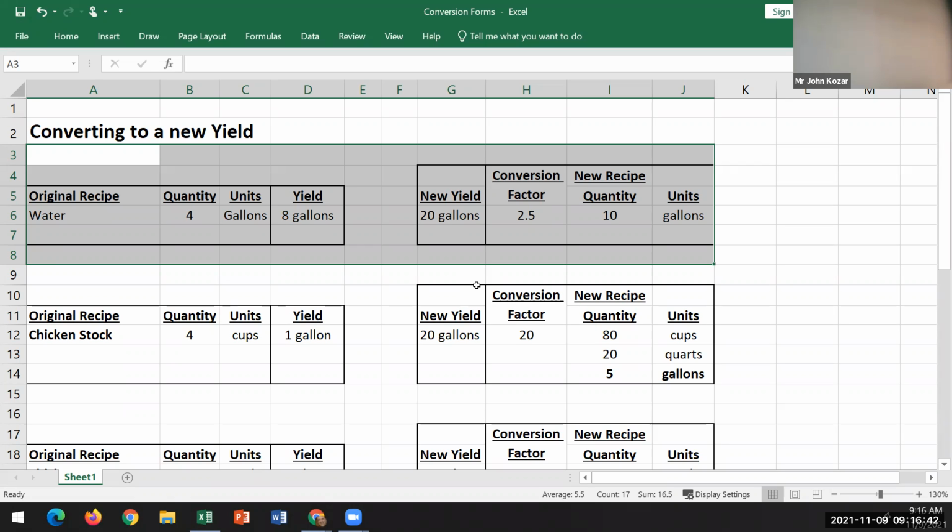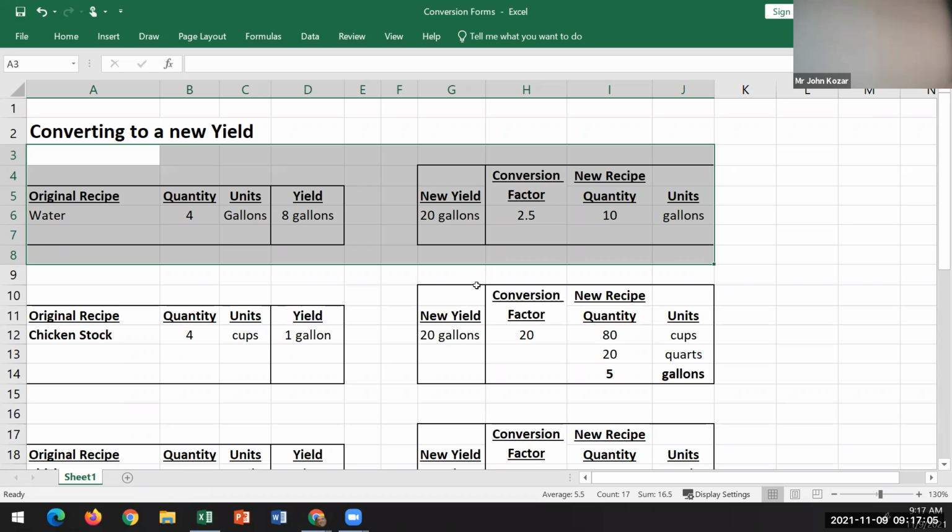And that's going to give us the conversion factor. That comes to 2.5. So we'll multiply 2.5 times the 4. And then that means we would need 10 gallons of water for this new recipe.